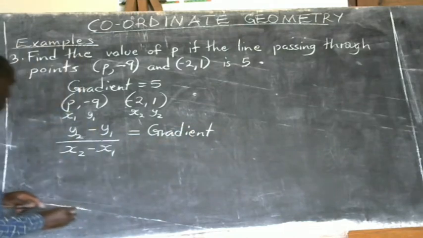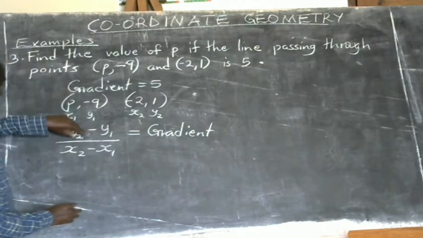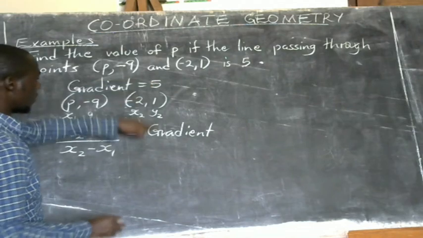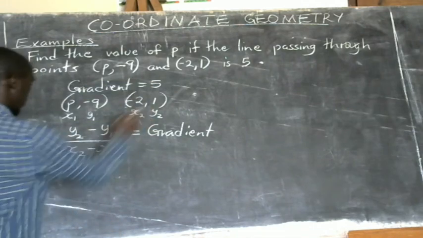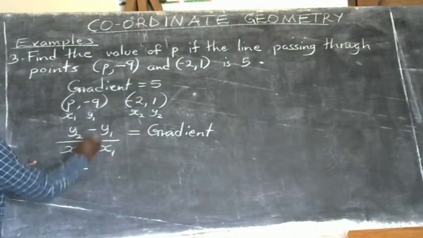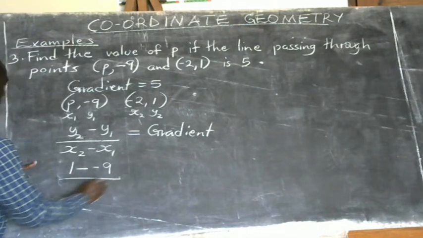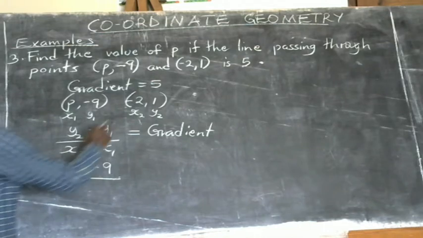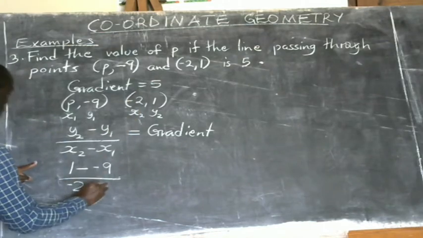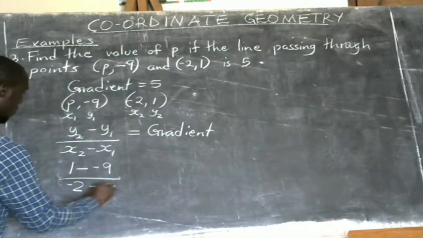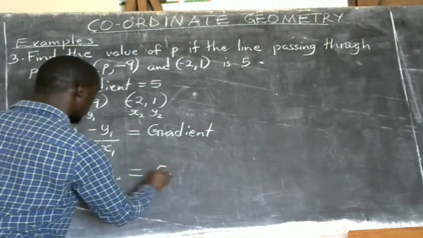Now I can substitute these ones there and also the 5 there. My y2 is a 1 minus y1 is negative 9, divided by my x2 is negative 2 minus x1, which is p, is equivalent to a 5.